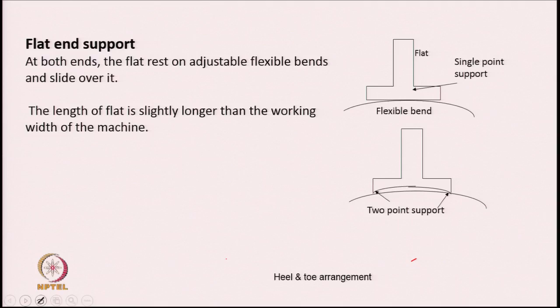From here we go to the next slide and we see how the flat ends are supported. There are two types of supports which are possible. One is flat ends are supported at both the ends of the flat.